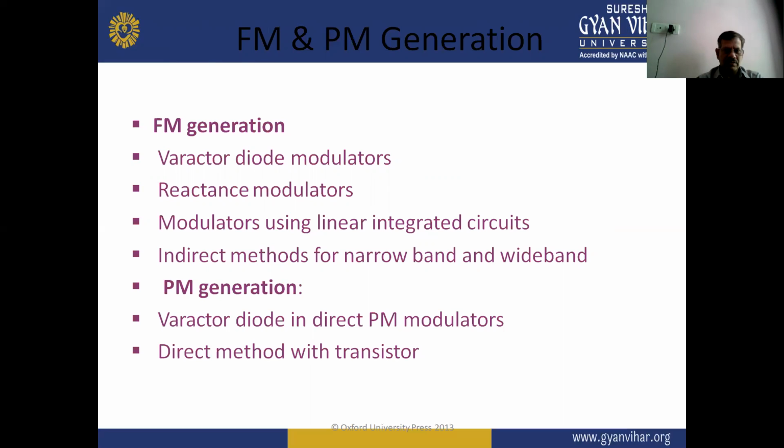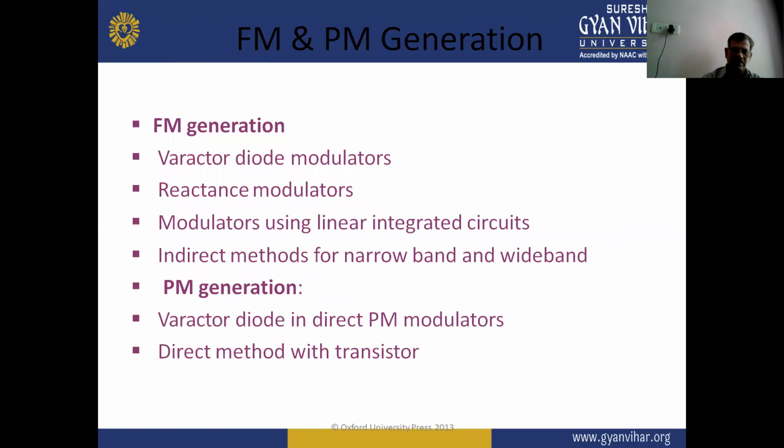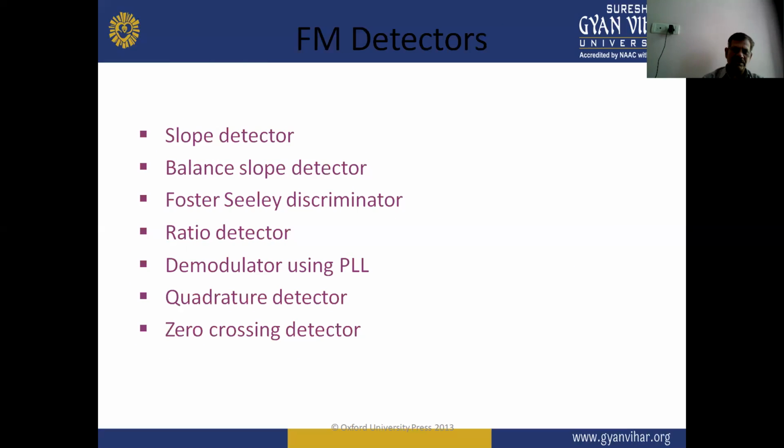Here the first one is vector diode indirect PM modulators, and next one is direct method with transistor and slope detectors, balance slope detectors, Foster Seeley discriminator, ratio detector, demodulator using PLL, quadrature detector, and zero crossing detectors. So these are some PM generation methods.